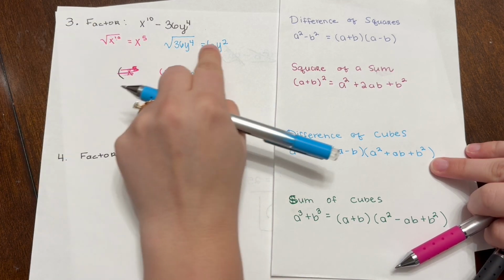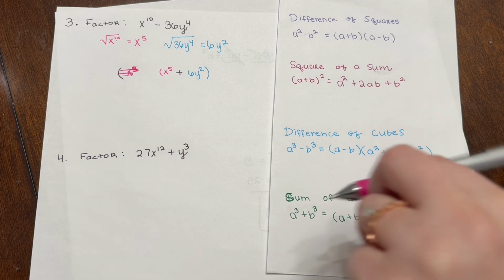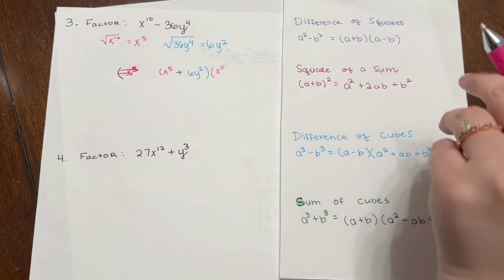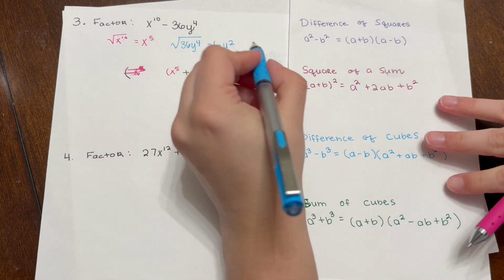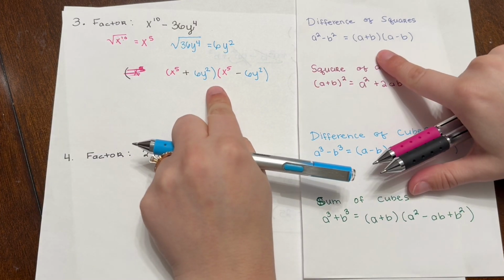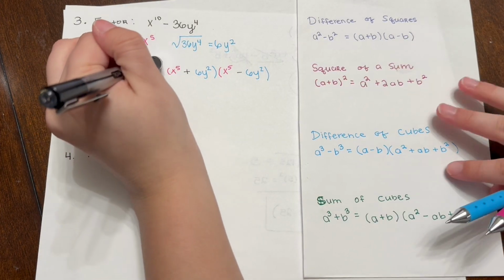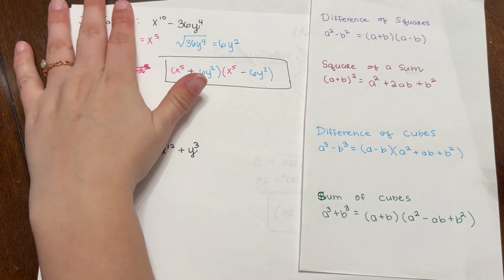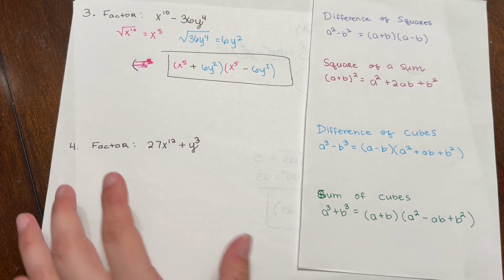So taking these square root terms, x to the 5th plus 6y squared. And then we're going to do x to the 5th minus 6y squared. So following our difference of squares formula, we get our answer. This one is definitely less complicated than the cubes, and we've also seen our difference of squares before.